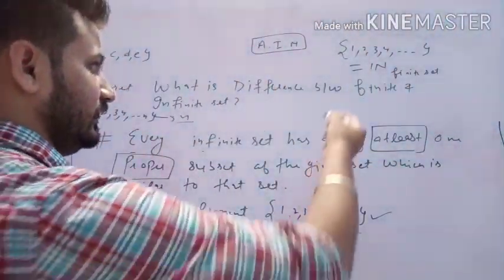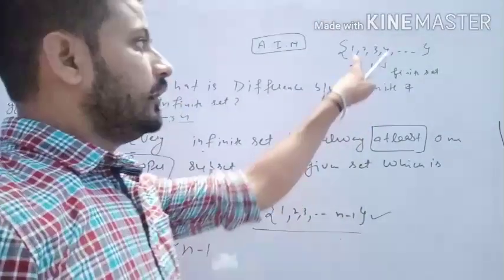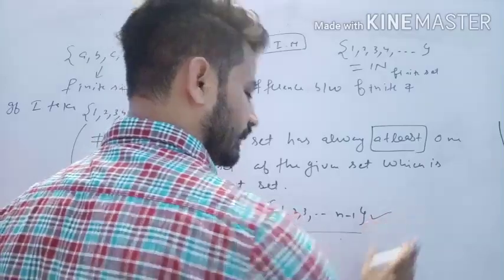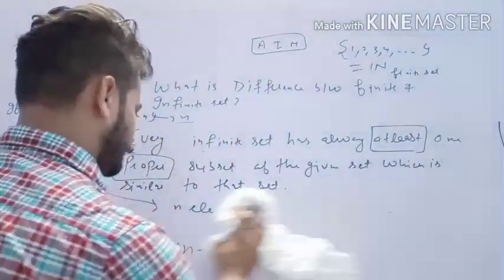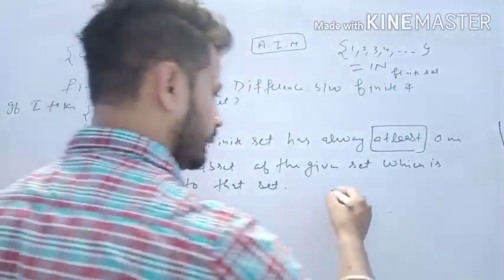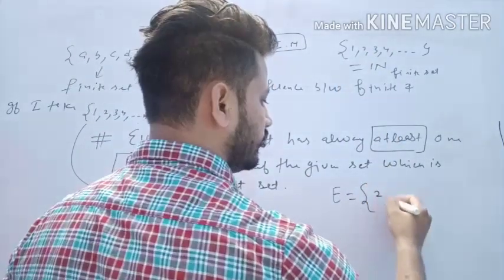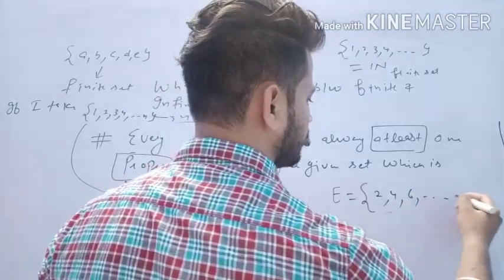But let's see the case of an infinite set. We have the given set of natural numbers, which is infinite, and let's take another set which is a proper subset of the natural numbers: 2, 4, 6 and so on.